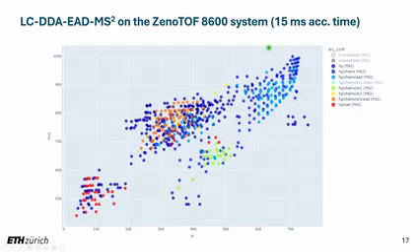This is literally taking a natural lipid extract. We buy pretty much anything you can buy from Avanti, we mix it, and we inject it. And then we do chromatography, and we do DDA EAD, and here the time is 15 milliseconds. So again, we go from 20 minutes on standards in 2015, to now 15 milliseconds.